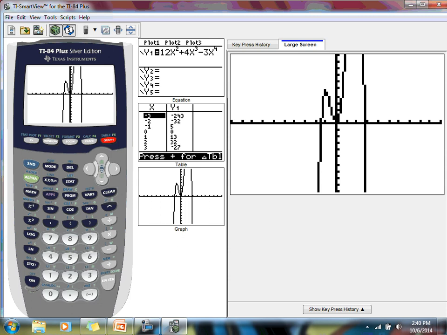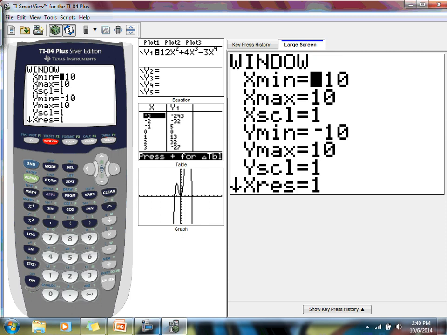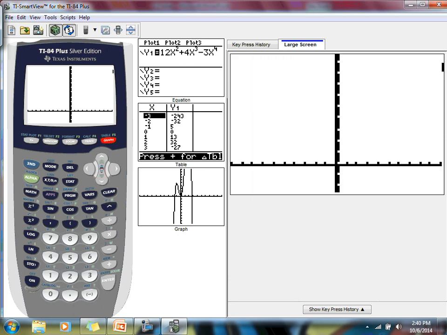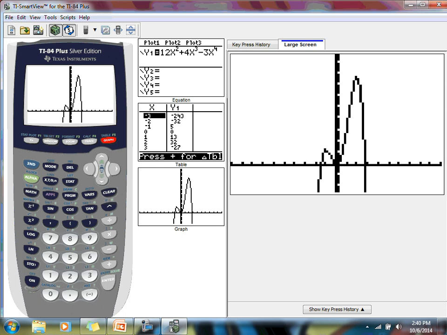So I could zoom and adjust my window if I needed to. I want to change my Y maximum. Just make it 40. And now I can see the whole graph, especially on this large screen on the right. It's really zoomed in fairly well.